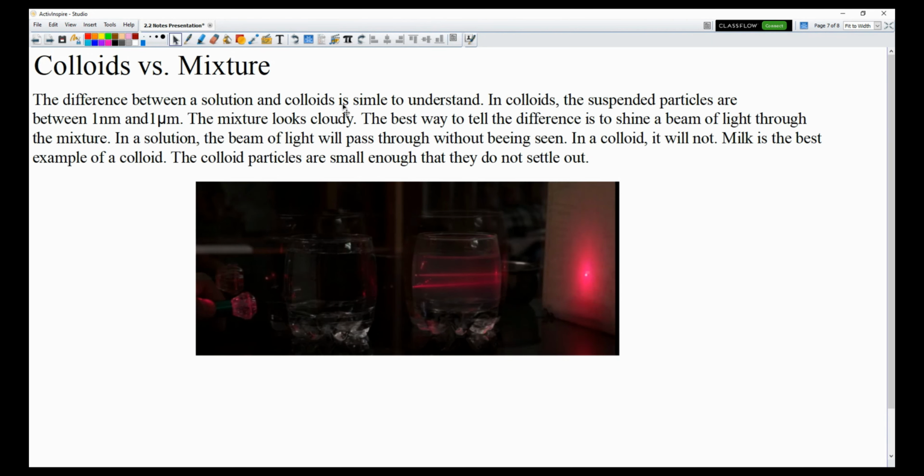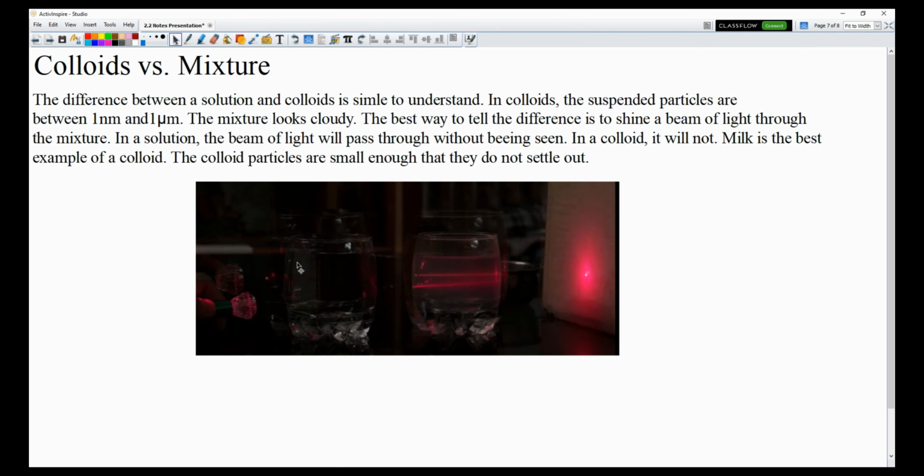Well, the difference between these is really easy to understand. In a colloid, the suspended particles are between 1 nanometer and 1 micrometer. So they're really, really small, but the mixture looks cloudy. The best way to tell the difference is to shine a beam of light through it like a laser. We can see here a picture. This is a solution. If we look at this, we don't see a beam of light. The light's going through, but we don't actually see the beam.